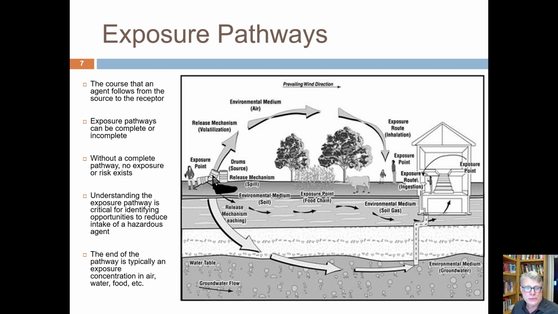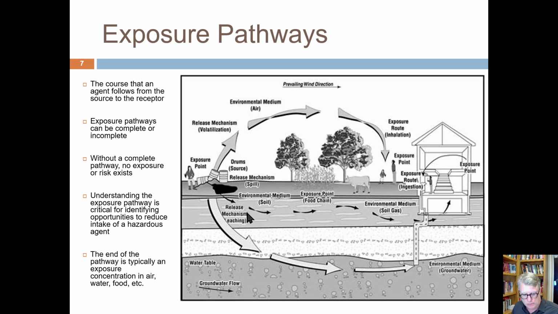These drums might also contain substances that are not so volatile and have some affinity for water, and they permeate into the soil, and they may travel through the soil gas, actually, right? So the space between grains of soil. If those pores aren't filled with water, they tend to be filled with air.